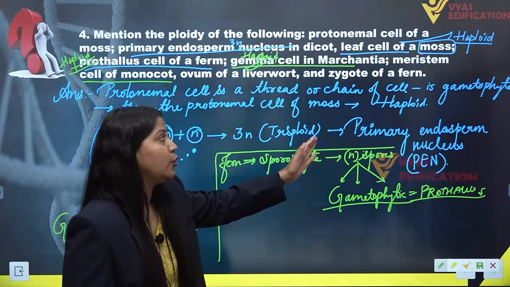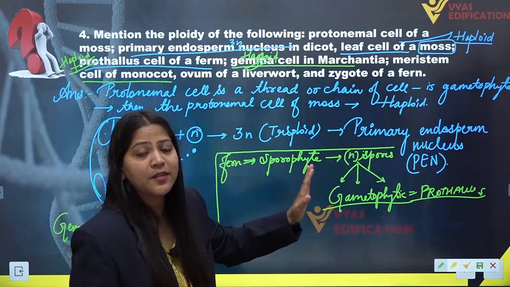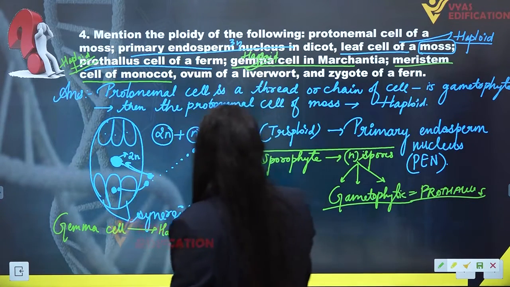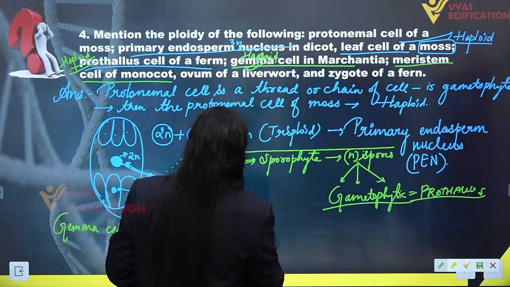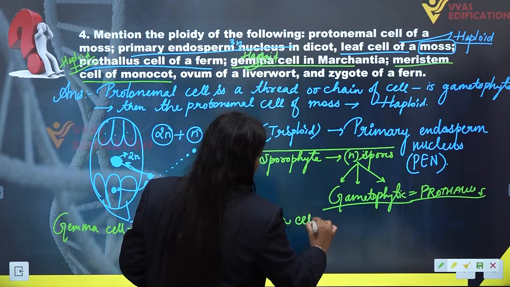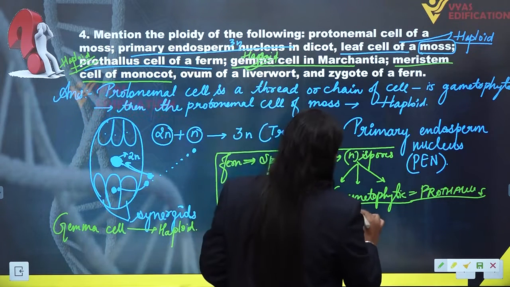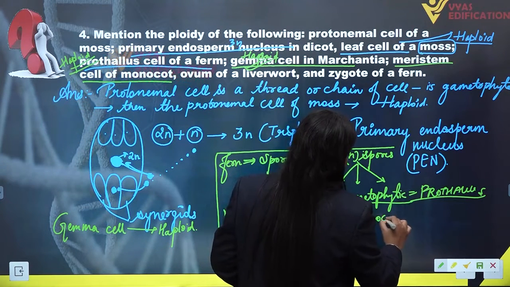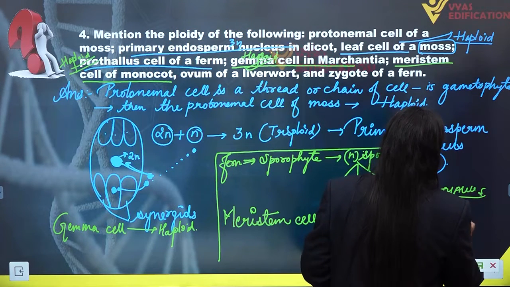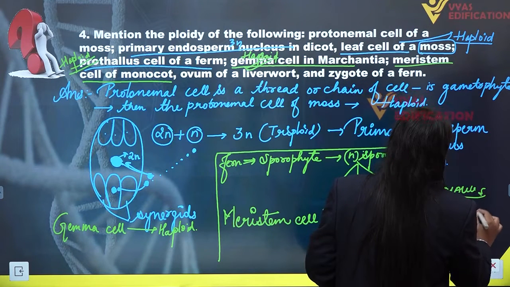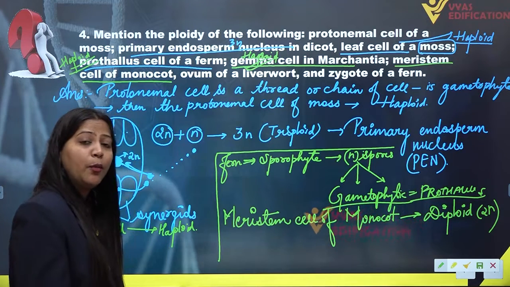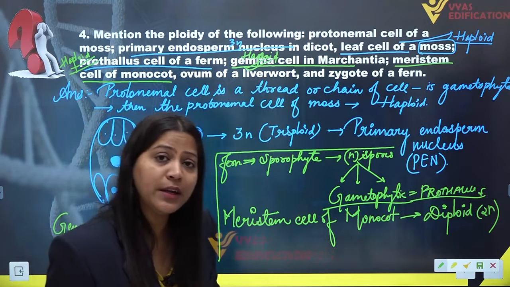Hence, we can conclude that meristem cells of monocot as well as dicot are diploid in nature, because they are part of the sporophytic plant body.